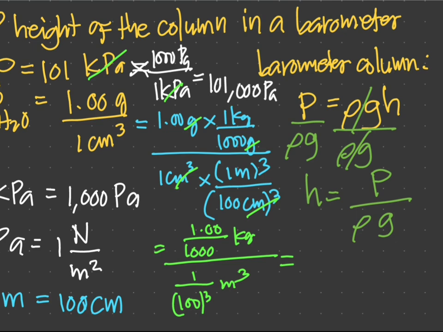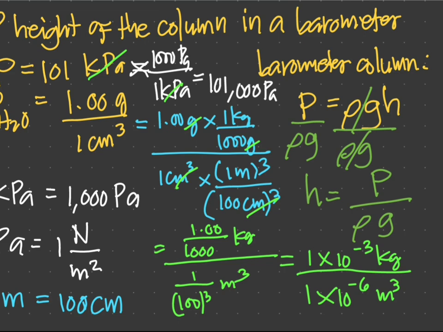This is 1 over 1,000, so this is 1 times 10 to the negative 3 kilogram over, what is 100 cube? 1 divided by 100 cube. So this is 1 times 10 to the negative 6 cubic meters.